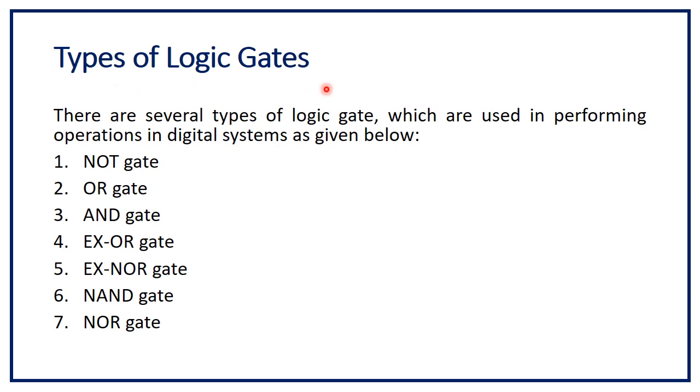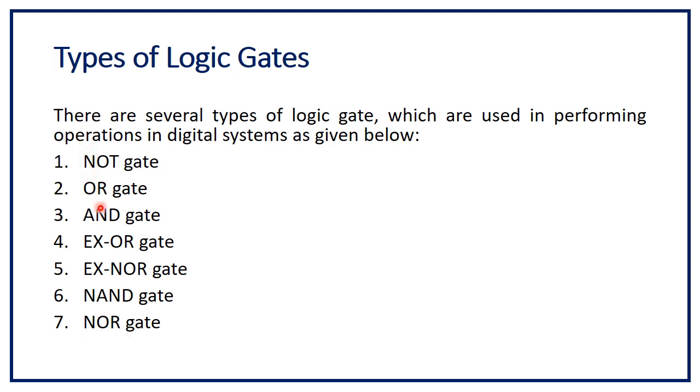Types of logic gates. There are several types of logic gates which are used in performing operations in digital systems, as given below: NOT gate, OR gate, AND gate, XOR gate, XNOR gate, NAND gate, and NOR gate.